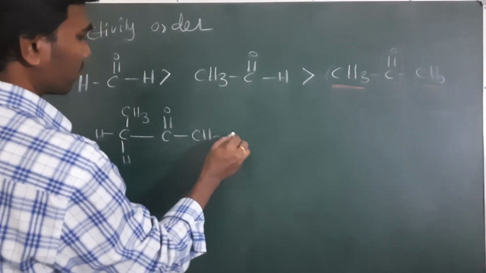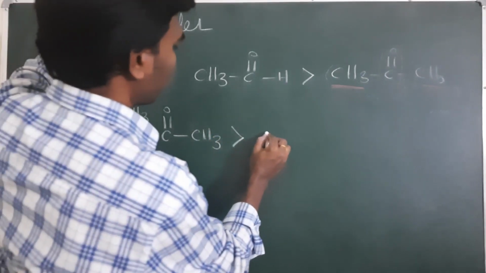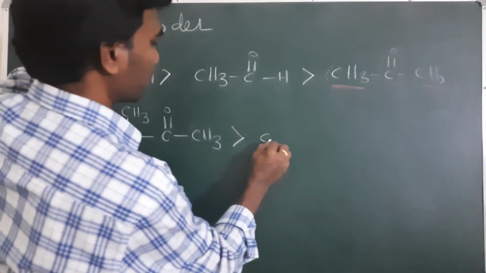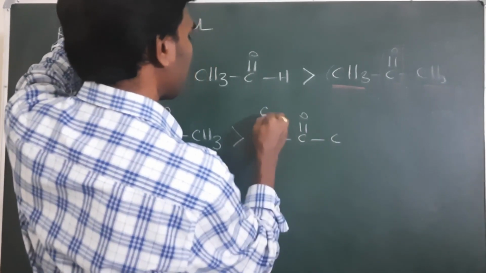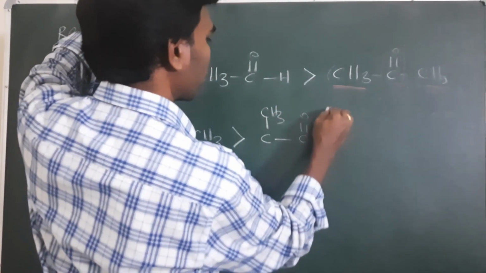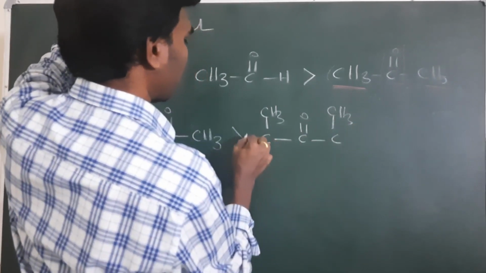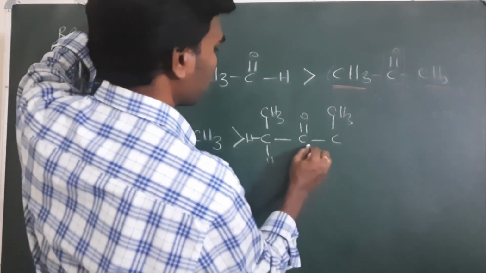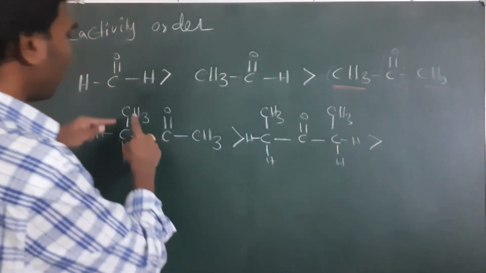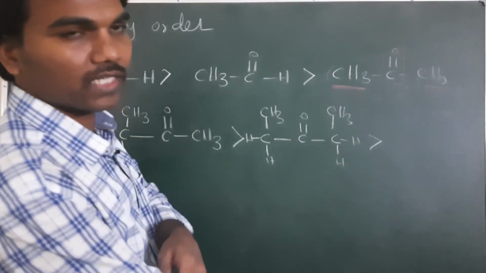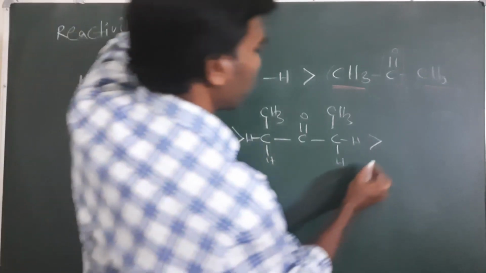If the number of alkyl groups increases, then the reactivity of that ketone will decrease.